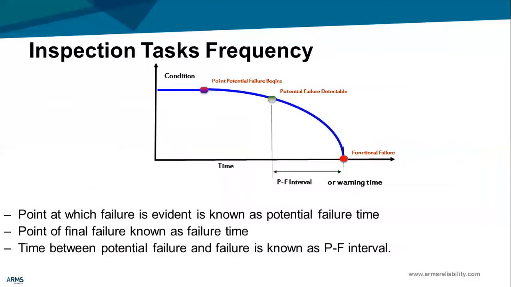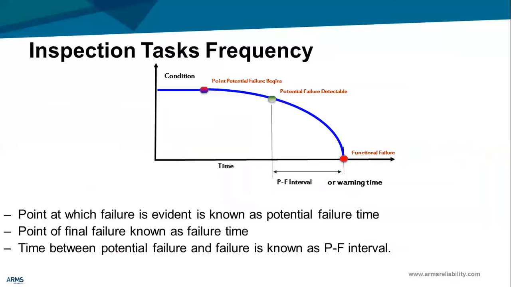We also need to talk about inspections, because that's an essential part of any maintenance strategy we develop: our condition-based maintenance programs. When setting up those programs, one of the most important things to consider is what the PF interval is, or what the time is between when the potential failure is detectable and when it actually functionally fails.